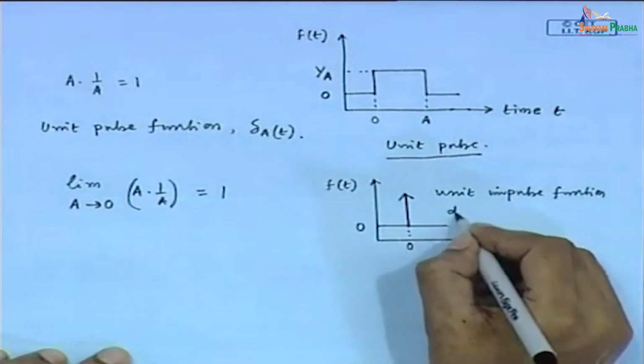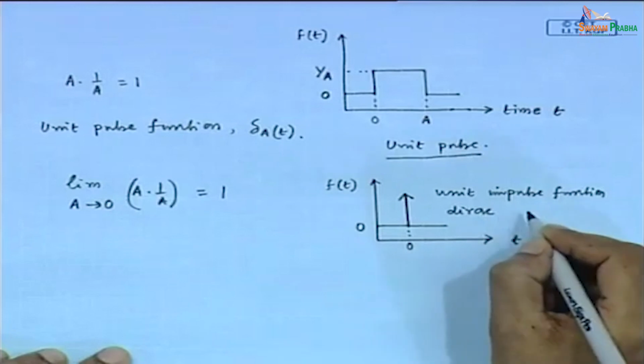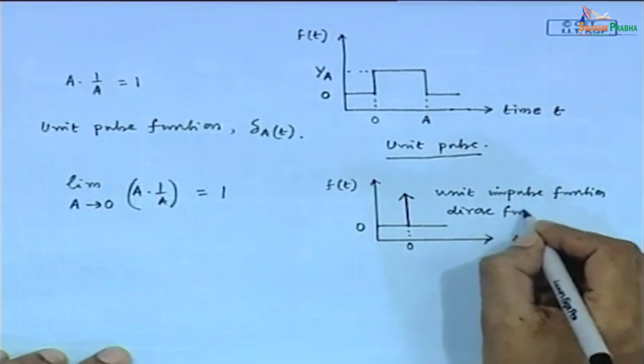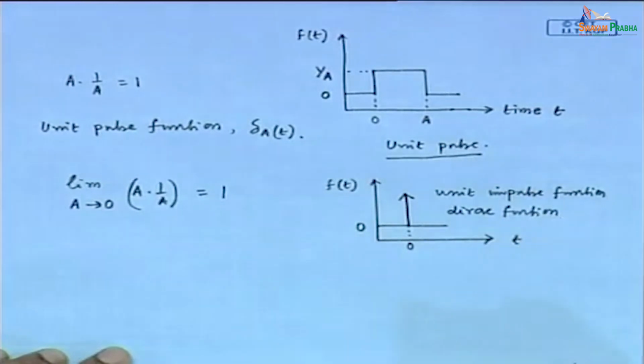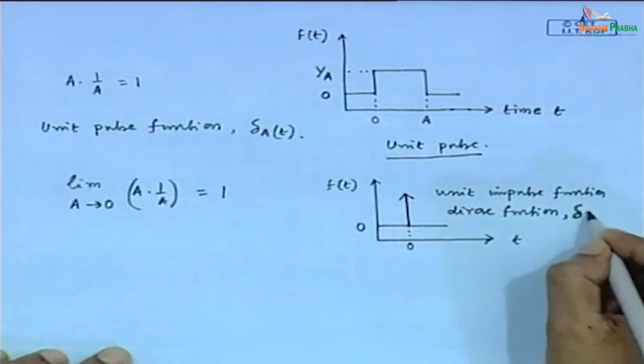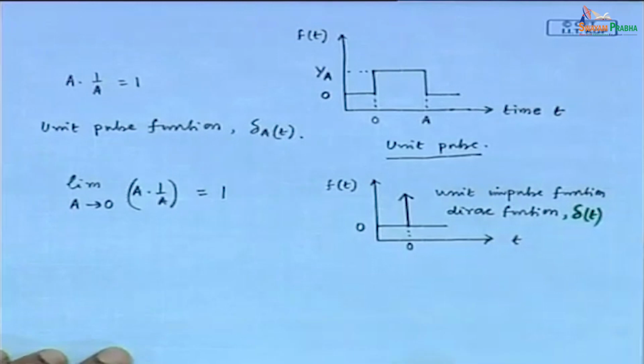It is also called the Dirac function, and it is conventionally represented by del t. This is called the Dirac function or unit impulse function, and it is represented by del t.